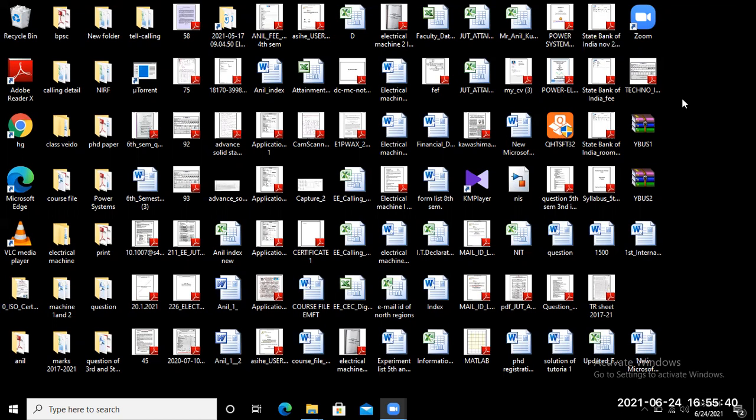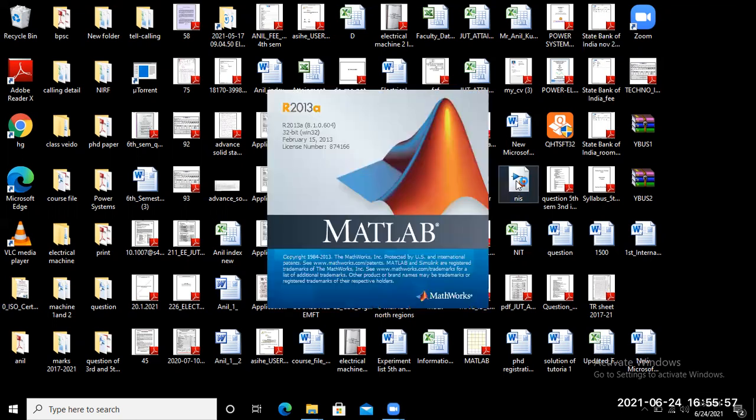For that system we write a program and obtain the impedance matrix. First of all, let us open MATLAB.